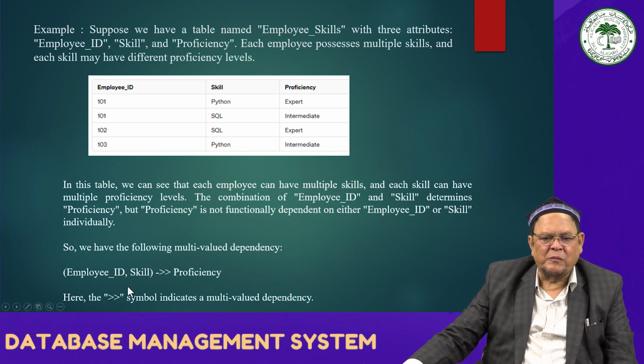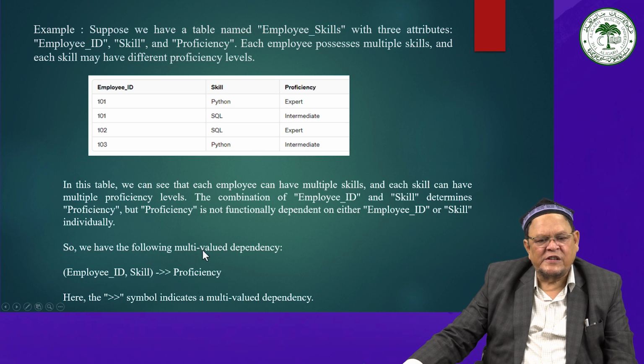So we have the following multi-valued dependency: employee ID, skill determines proficiency. It means proficiency is fully dependent on both attributes, employee ID and skill. Hence, the double arrow symbol indicates the multi-valued dependency.